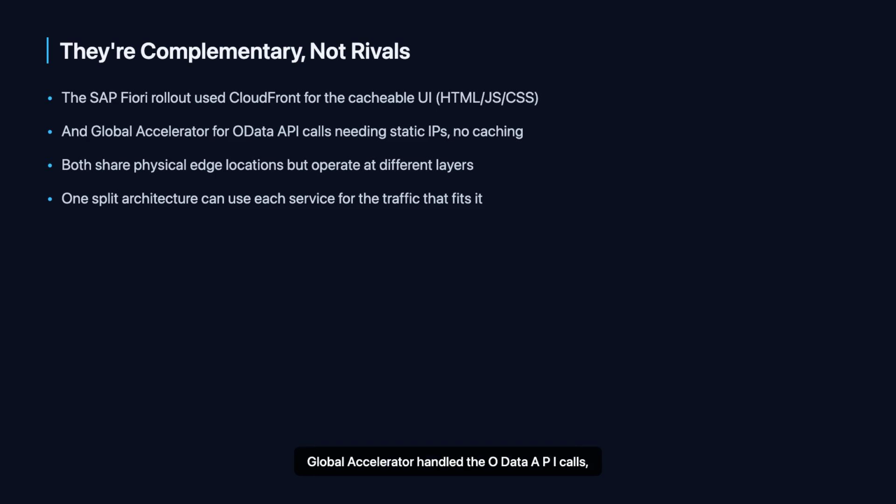Global Accelerator handled the OData API calls because external integration systems needed a static IP to allow list, and those responses weren't cacheable. Both services even share the same physical edge buildings, but they operate at different layers. So the pattern to remember is simple. One architecture, each service handling the traffic that actually fits it.